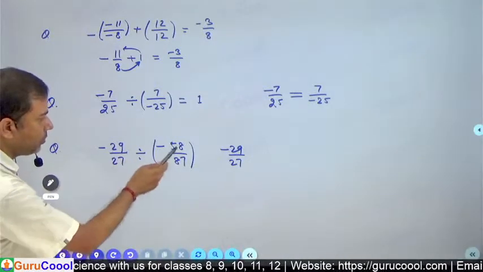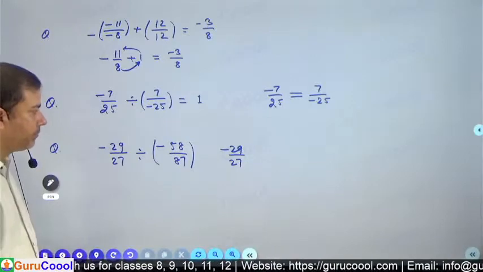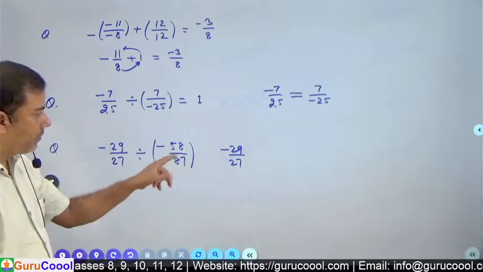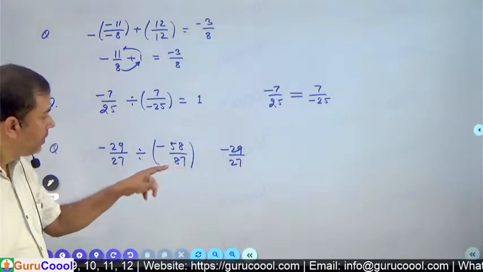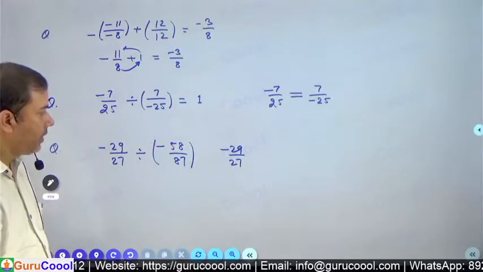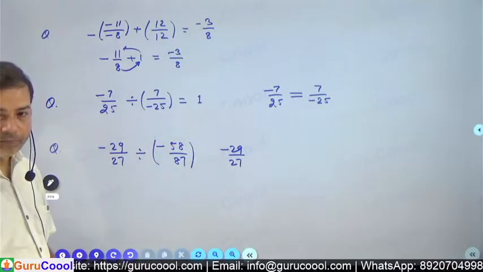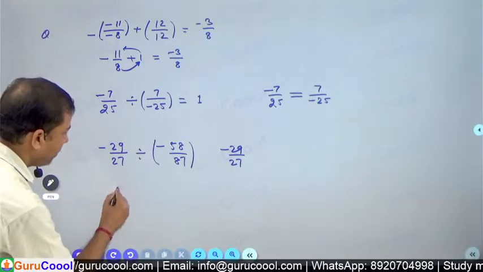29 2 ja 58, right? Yes, sir. 58 will come in denominator. So 29 2 ja 58. It will be looking like this.